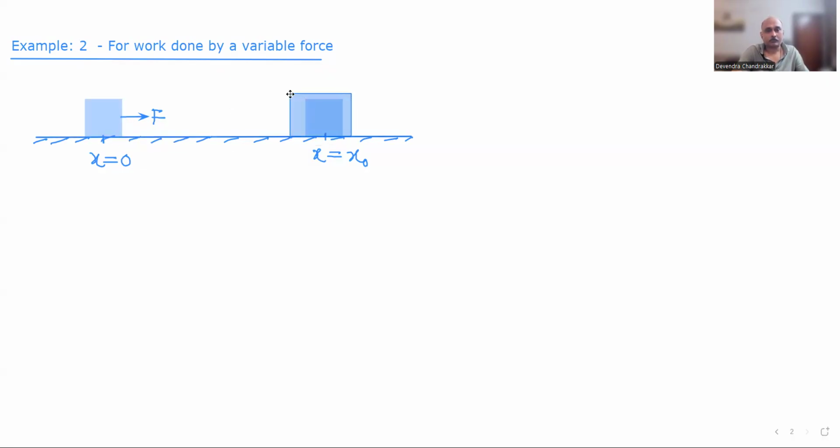So now this force is a variable force. The value of this force is a plus bx.